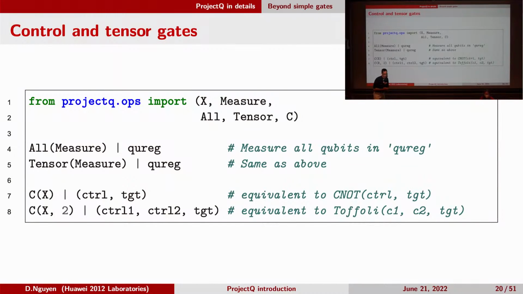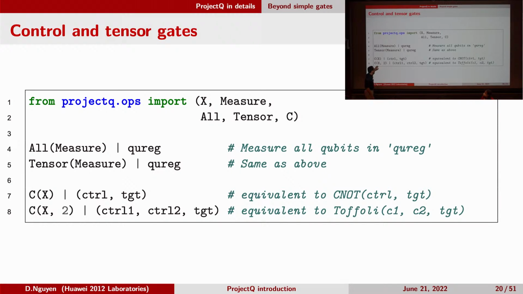So if you have some control gates, first of all, if you want to measure more than one qubit, measurement is a single qubit gate. So if you want to apply it to multiple qubits, what you essentially do is just call All, and in parentheses, the name of the gate you want to apply on all the qubits. And this works for any kind of gate in principle.